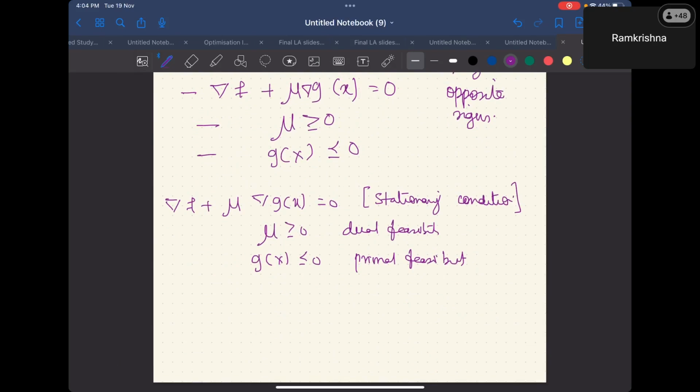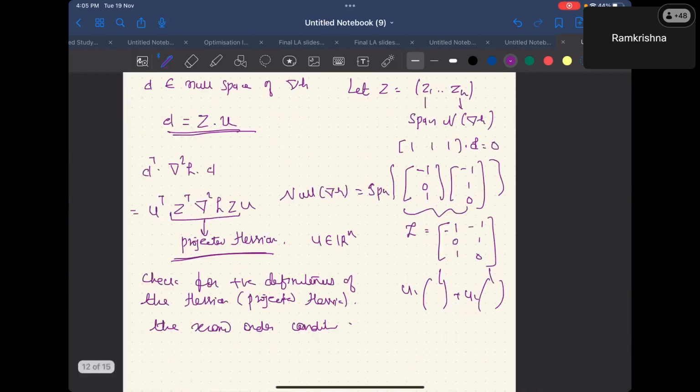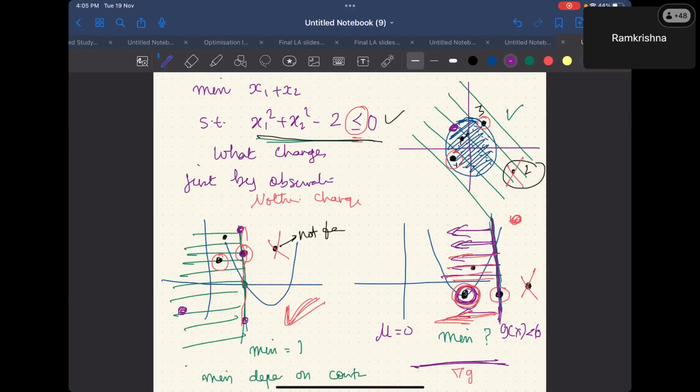So two things can happen. Either mu is 0 or g of x is active, which means I am on the boundary. Here, I don't really need to compute the gradient of g because just computing the gradient of f is sufficient. I can simply plug in mu equal to 0 in the conditions. If this is not the case, then I am at the boundary, which means g of x equal to 0.